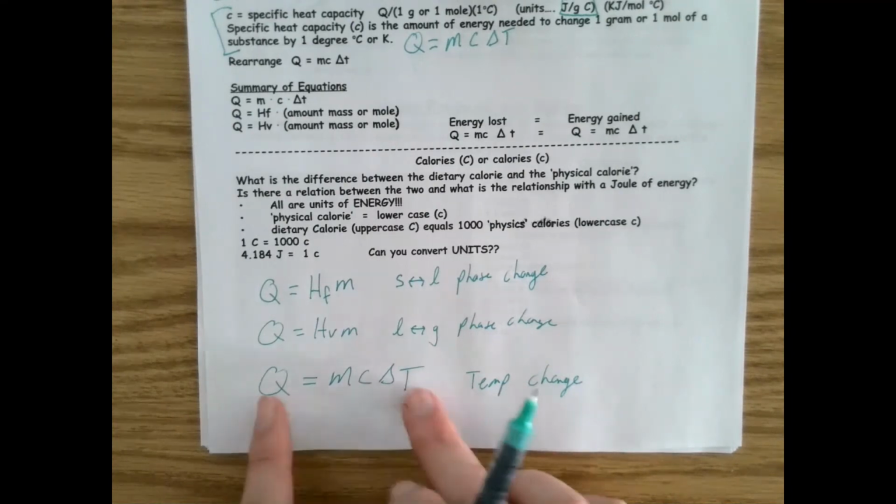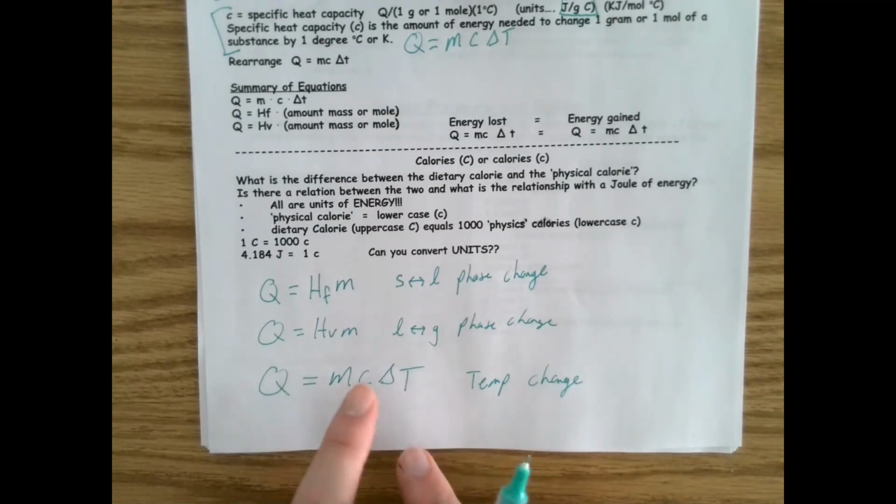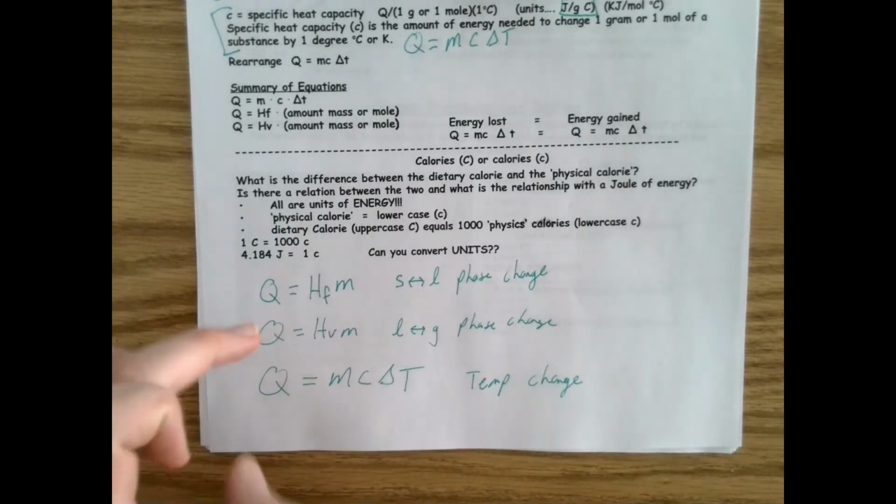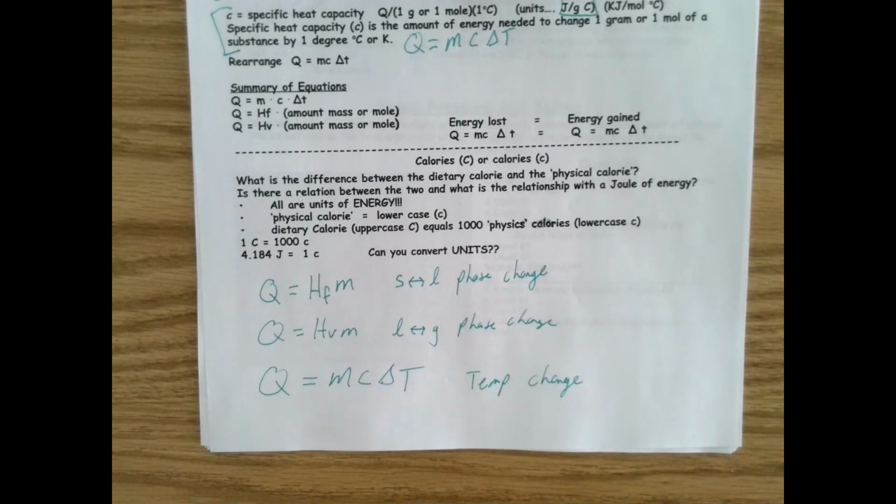This formula cannot be used for a phase change because C values are specific to a certain state of matter. So we have to use this only within a certain state of matter. Now we have three different equations that allow us to calculate the energy required to heat a substance, to melt a substance, and then vaporize a substance. In the coming videos, we'll learn how to apply those to a variety of situations.